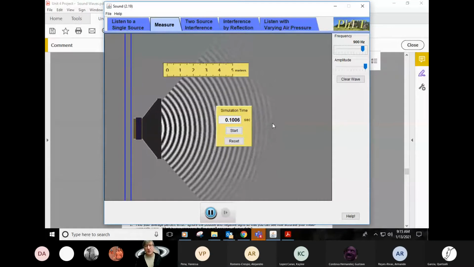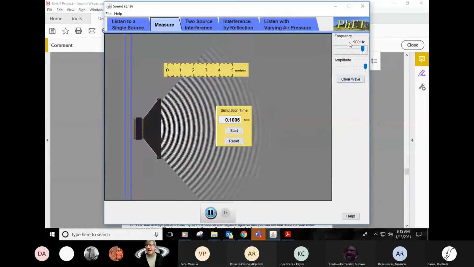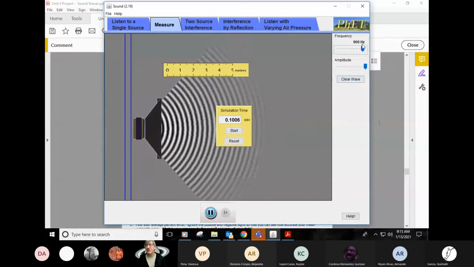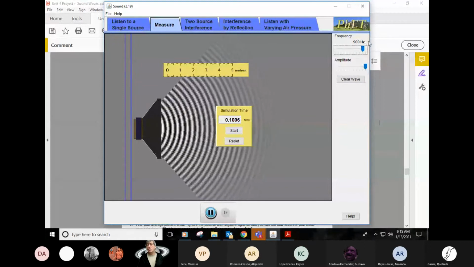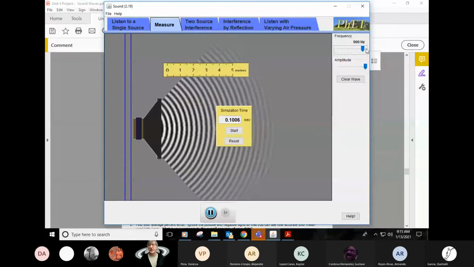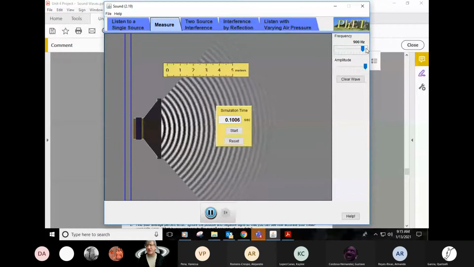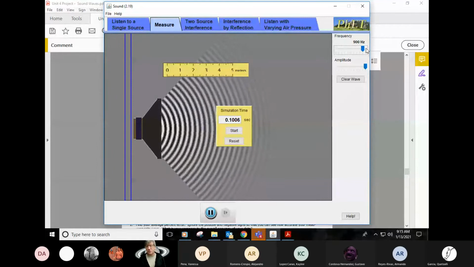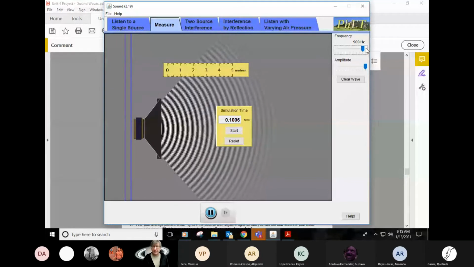So some hairs only vibrate at 900 hertz. Other hairs only vibrate at 200 hertz, like that. We can hear from 20 to 20,000 hertz. This simulation only goes up to 1,000, but we can hear all the way up to 20,000 hertz.